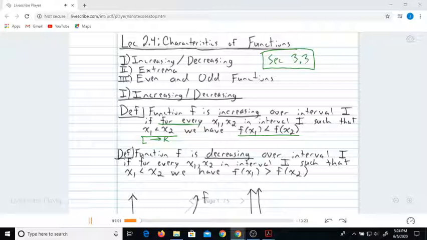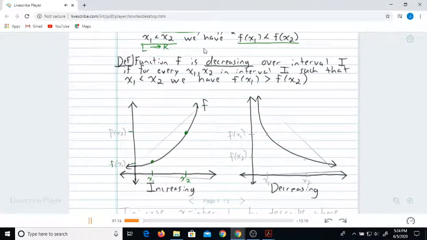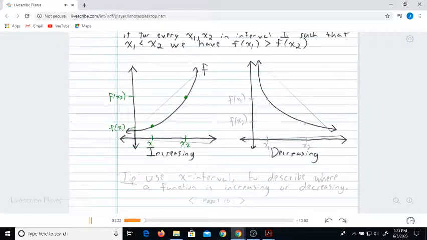So we know this graph is increasing because it doesn't matter what 2 points I pick. If I pick these 2 points here and here, then the point to the left is always going to be lower than the point to the right. That means it's increasing. And we know it's decreasing if the point to the left is higher.